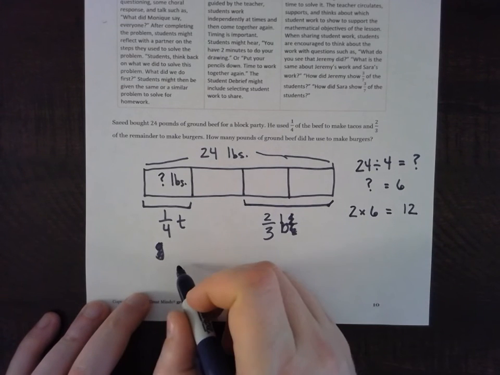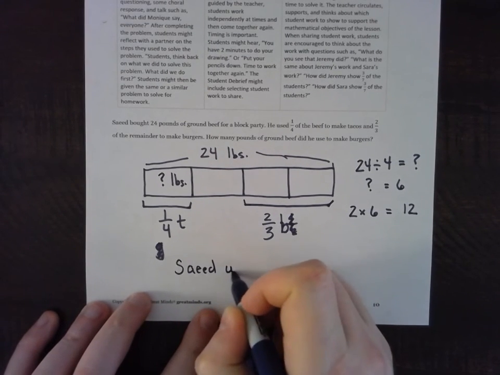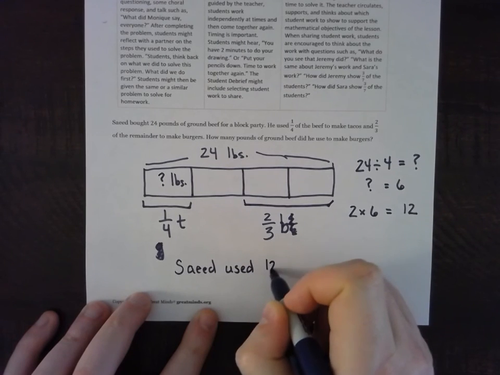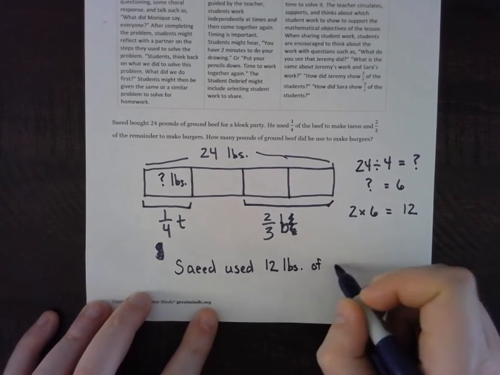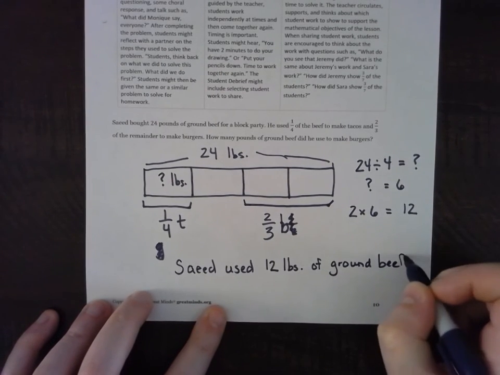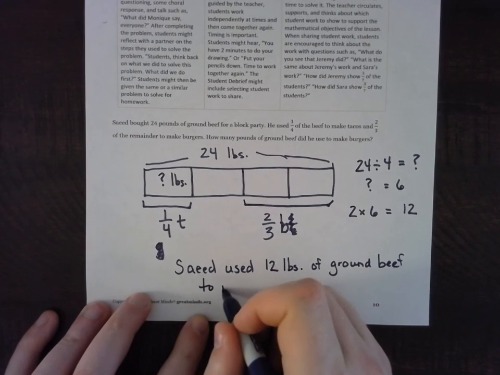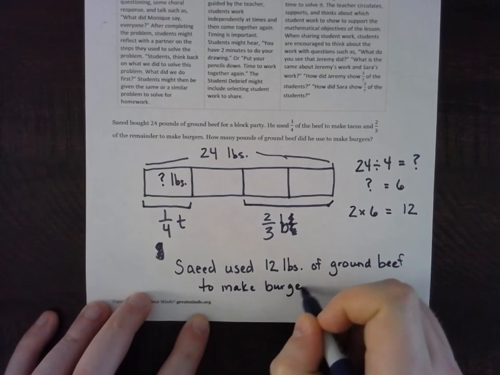Saeed used 12 pounds of ground beef to make burgers. Awesome.